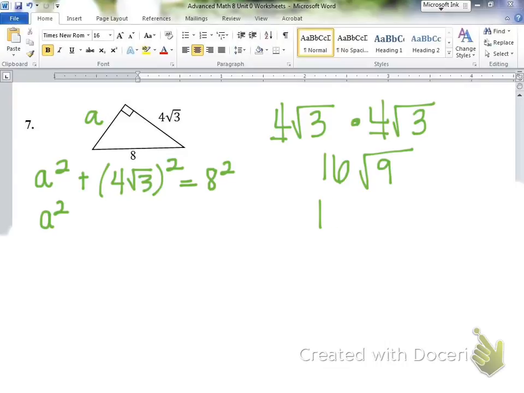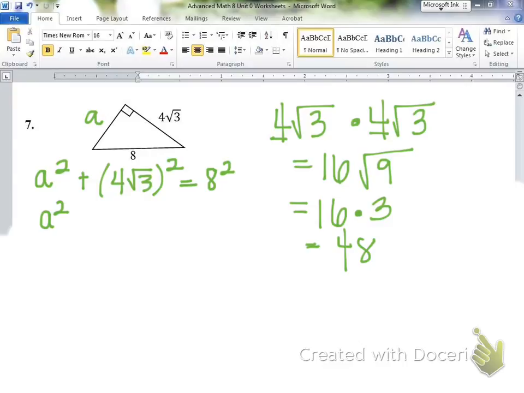Yes, so this is going to be the same as 16 times, what's the square root of 9? 3. Which comes out to what? What's 16 times 3? 48. 6 times 3 gives me 18, carry the 1, 48.